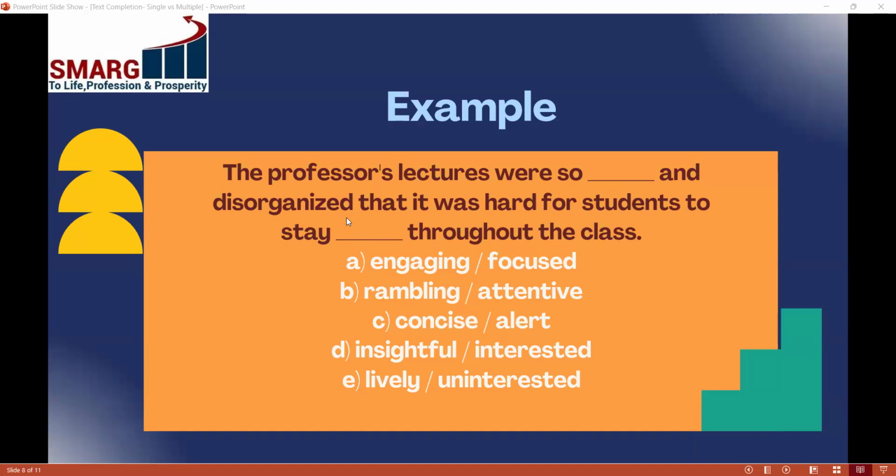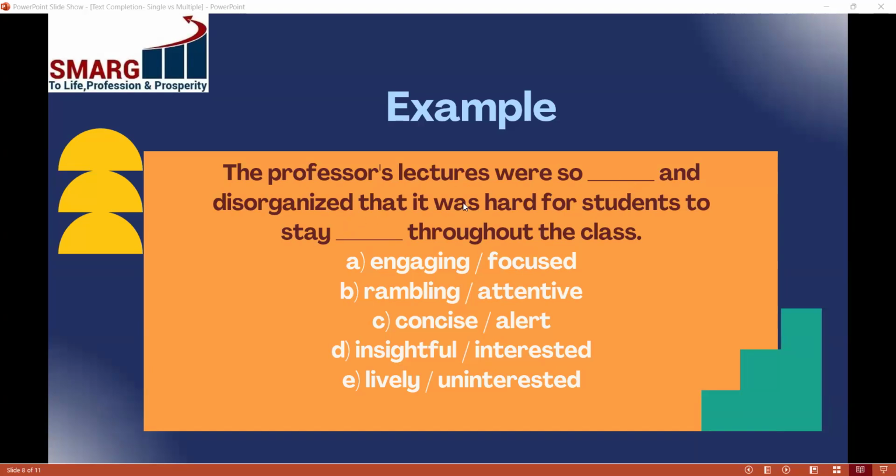Unanimously, everybody has chosen option B. Majority have: rambling and attentive. I can see 1 or 2 people chose another option. For "the professor's lectures were so," option A has also been chosen. Now, something cannot be engaging and then disorganized.